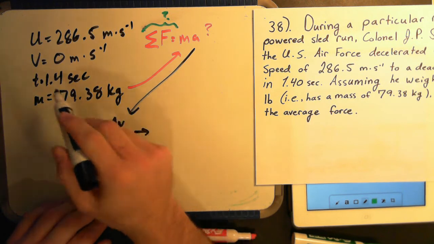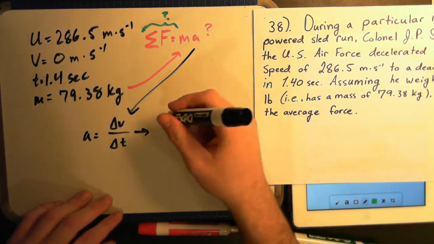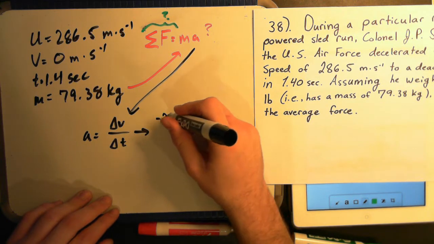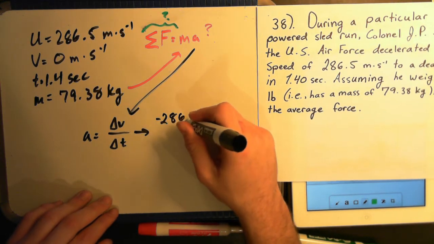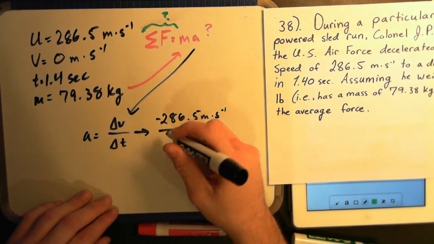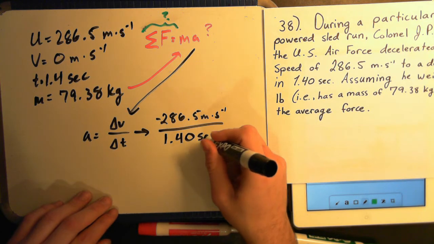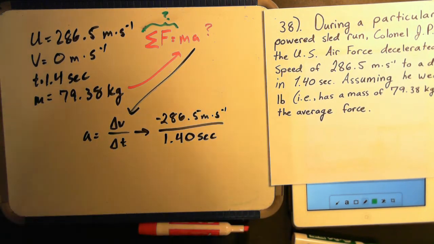And so delta V between 286 and 0, well, in order for 286 to become 0, we got to have the delta V be negative 286.5 meters per second. And then that is over our time, which is 1.40 seconds, which is a very scary number for deceleration.